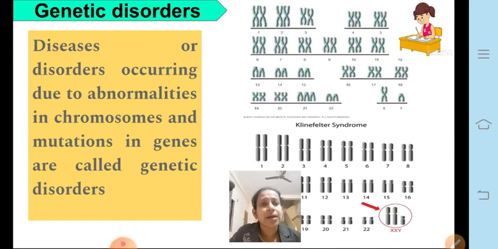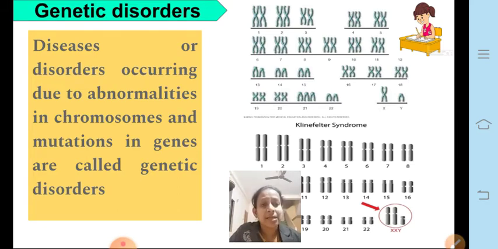Suppose there are abnormalities in these chromosomes, an increase or decrease in their number, or mutations, which means some changes taking place in the genes. Then there will be disorders in the person, and it might lead to disease throughout his entire life.